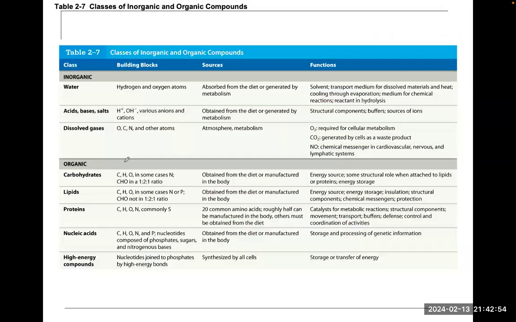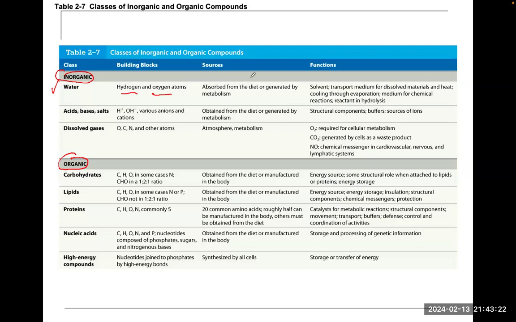So here's our overview. This pretty much covers the two major classifications, which are inorganic compounds and organic compounds. Now, under inorganic, we spoke mostly of water, right? We talked about the building blocks of water being hydrogen and oxygen.